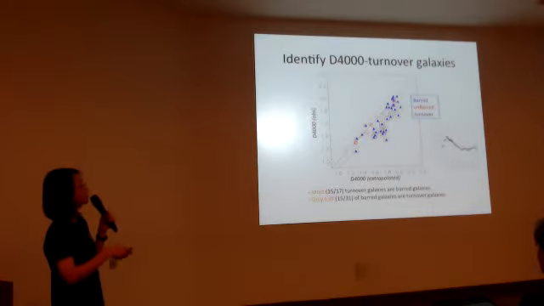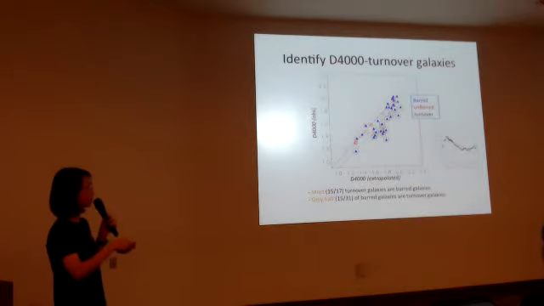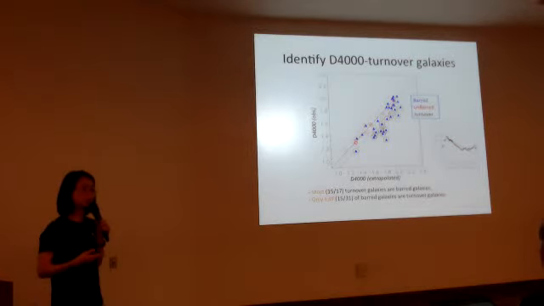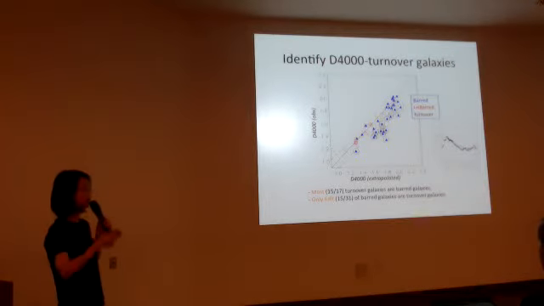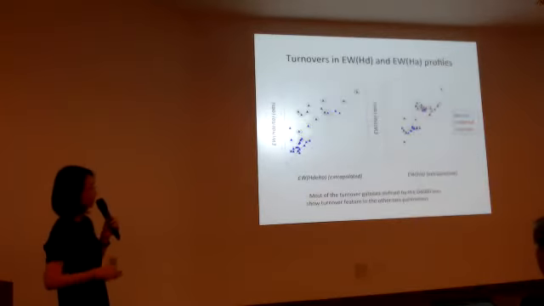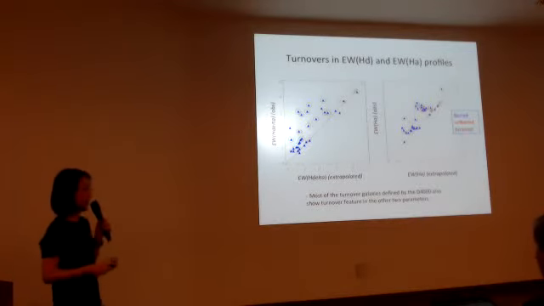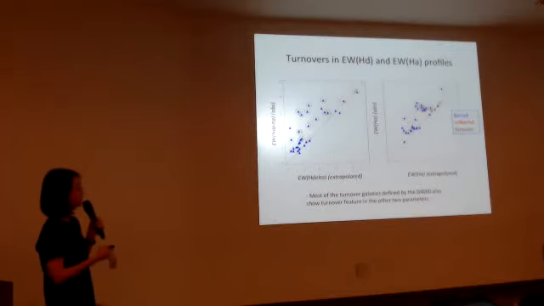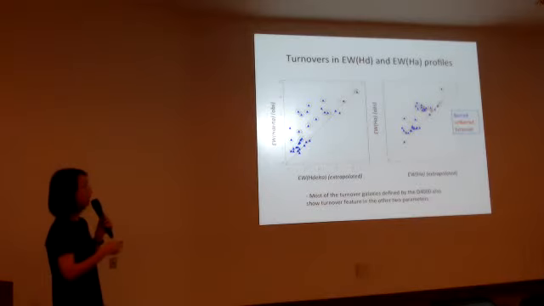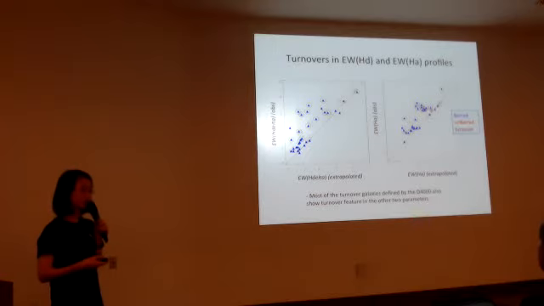We indeed see a population of them that show lower D4000, which indicates young stellar population in the center. And as we have 3 indicators, we can check the other 2. The result is most of them show turnover in the 3 kinds of indicators simultaneously.